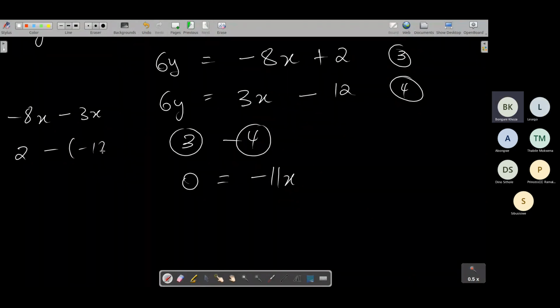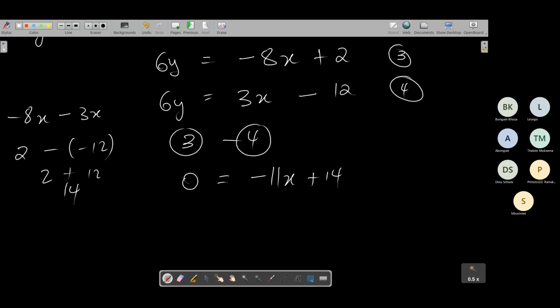So it's minus minus 12, you're having 14. Yes, so it's plus 14. Right. So from here, what do we have? 11x plus 14. 11x, what? What do we have here?